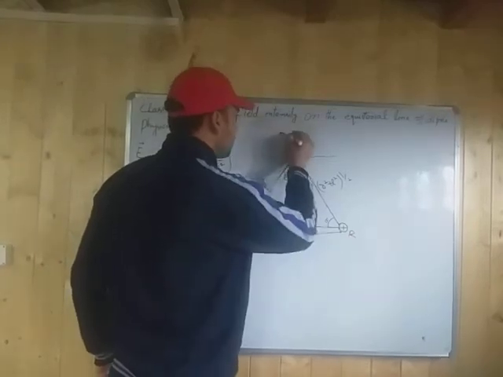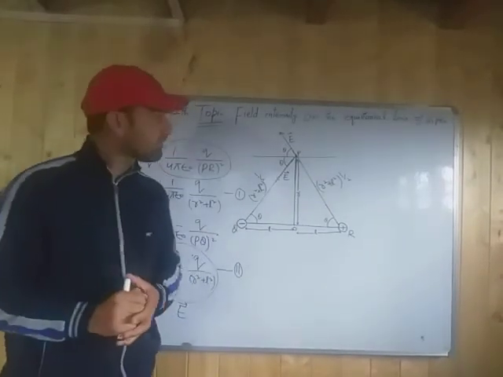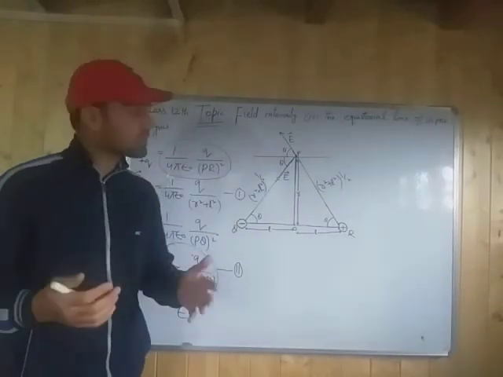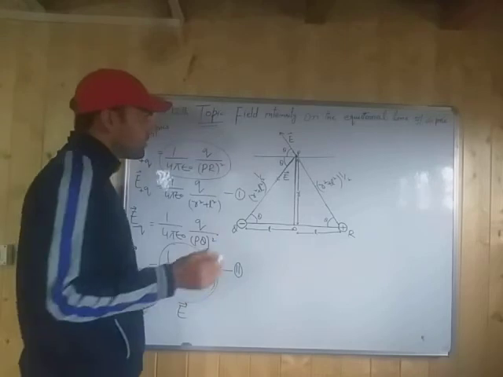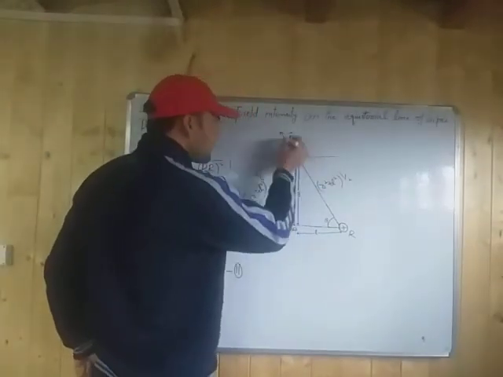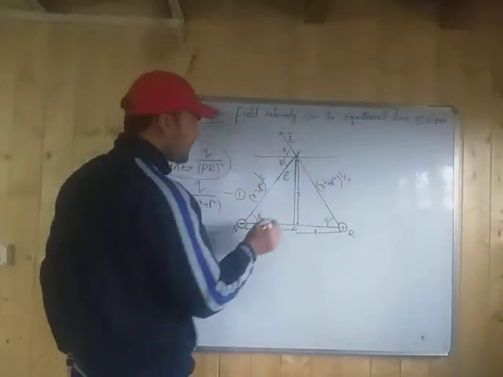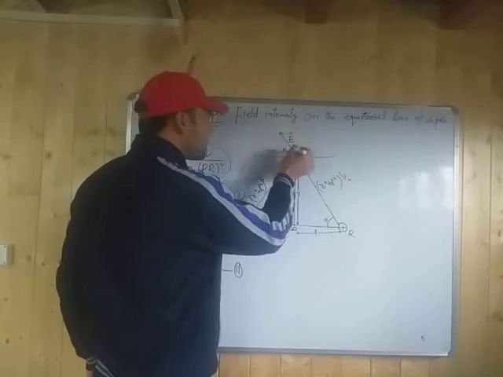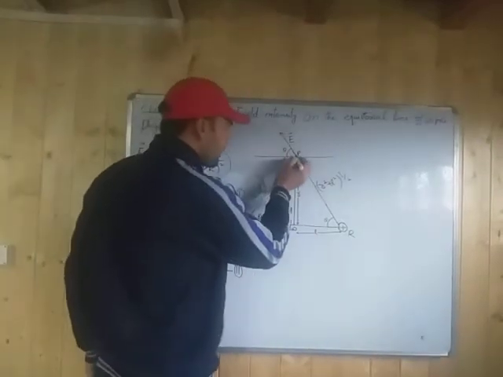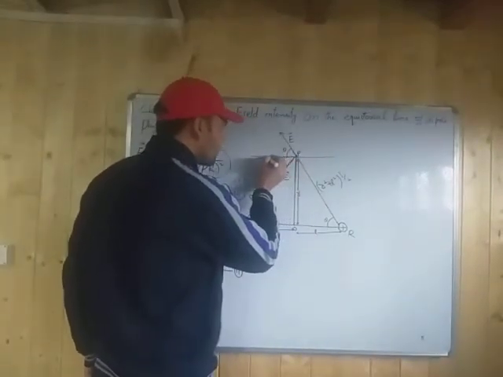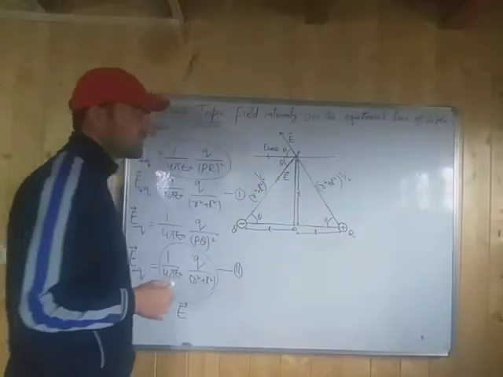Now this vector E, we have already studied in 11th class that a vector can be resolved into its components. We studied resolution of a vector in 11th class. As you can see here, this length is the same as this length, which means they have the same magnitude. Now this electric field E can be resolved into its components. One component along the direction of P, we write as E cos theta, which you have already learned in 11th class.